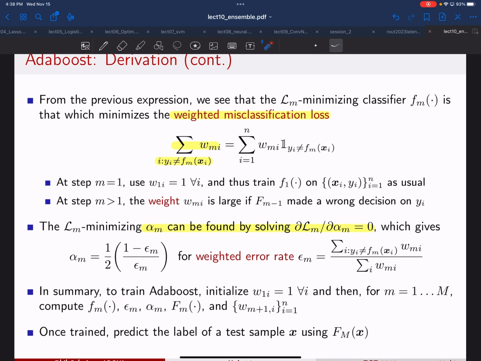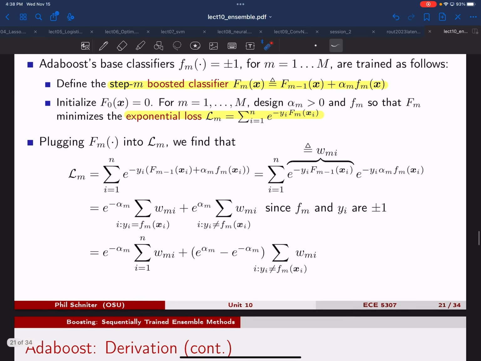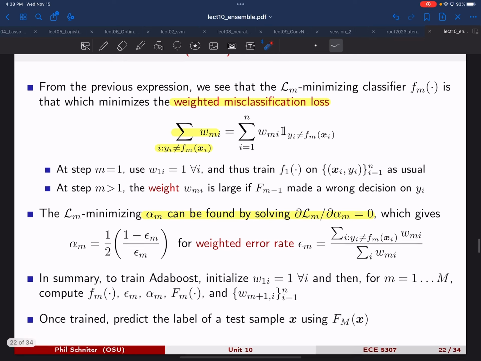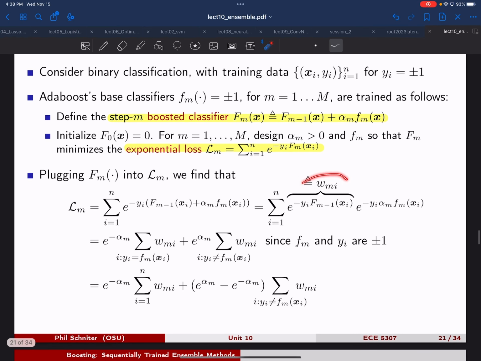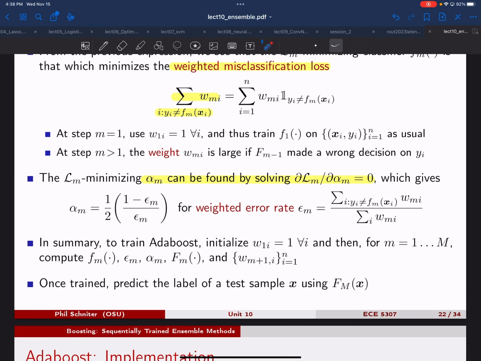From the epsilons, you can get the alphas. From the alphas and the f's, you can build your next capital F, and from your next capital F, you could compute the weights for the next iteration, and then just repeat. You do this for each m.